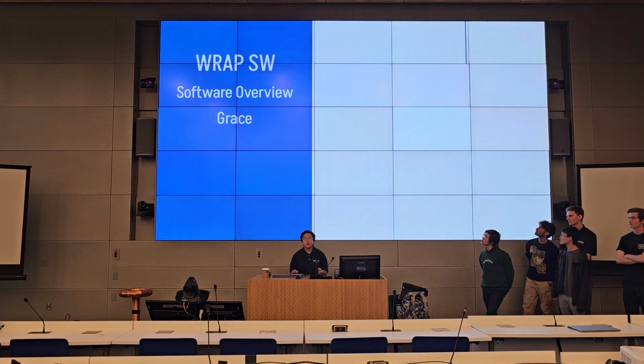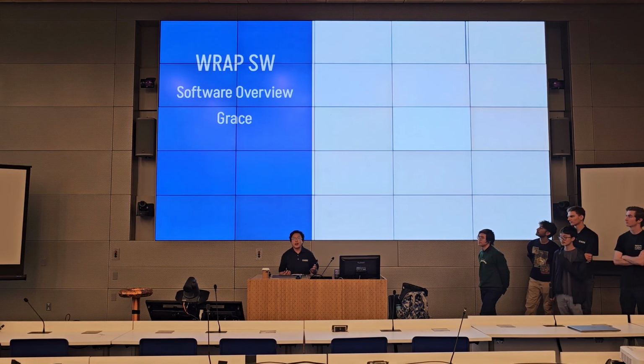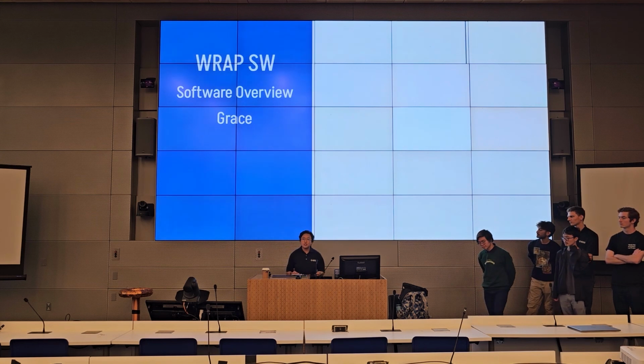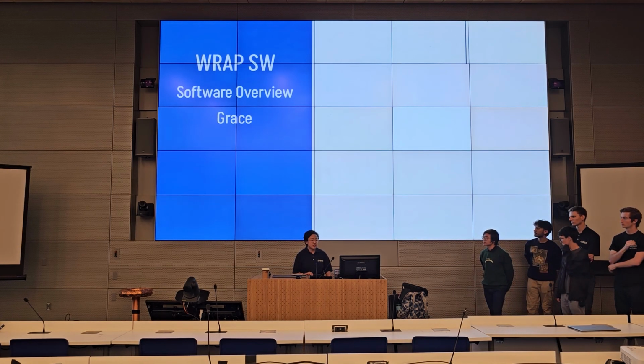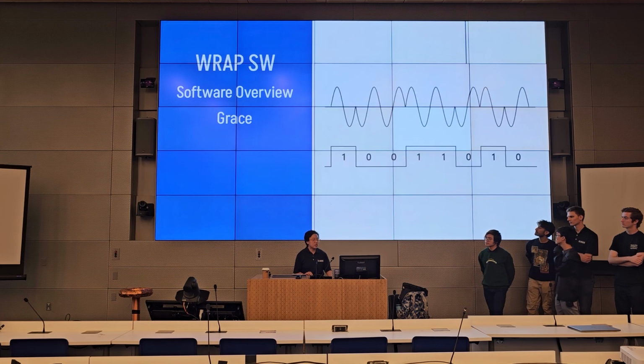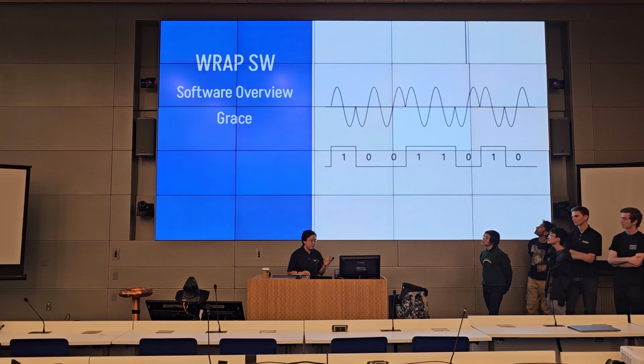So at its core, we need some way to encode binary bits, just a bunch of ones and zeros, onto a 27 megahertz sinusoidal carrier wave that will travel over the air. There are many ways of doing this, but one is basically choosing a particular phase of the sine.